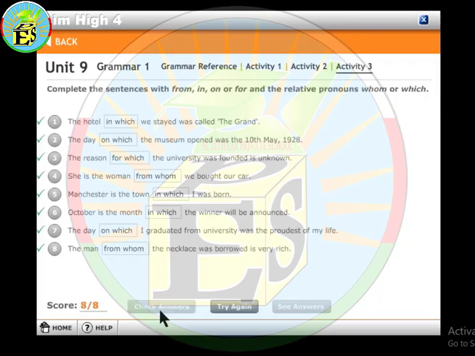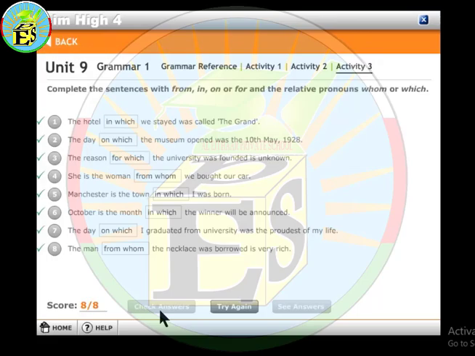Check. Okay, alhamdulillah, very good. All the sentences are correct. So you have a rule. If the object which will be used in your sentence refers to a thing or animal or place, take which.